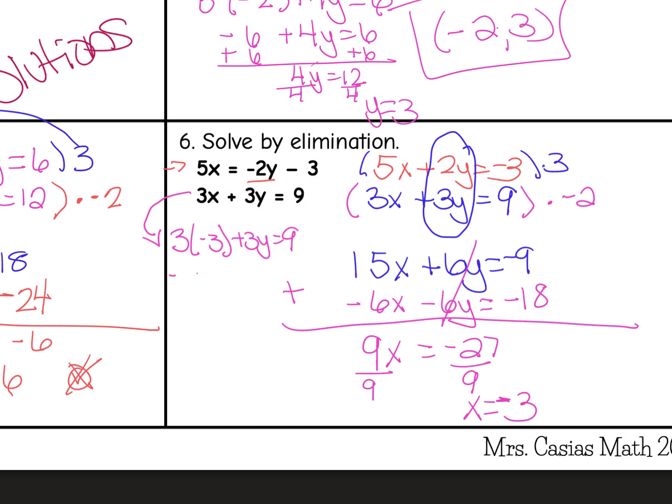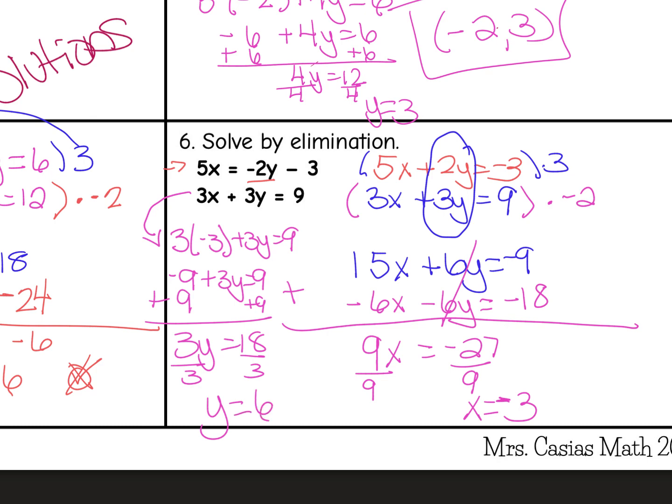Now, so that's negative 9 plus 3y equals 9. Add 9 to both sides. So I'm left with 3y equals 18. And then divide both sides by 3 to give me a y value of 6. So the ordered pair to this system that would make both of these true would be negative 3, 6.